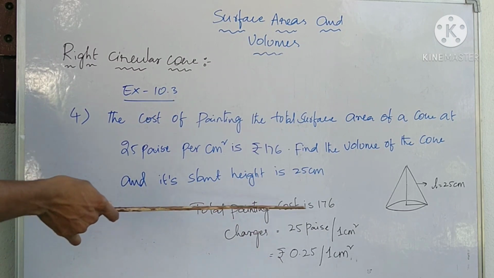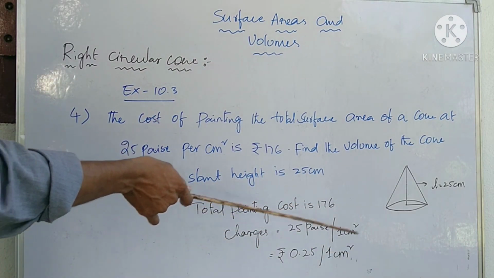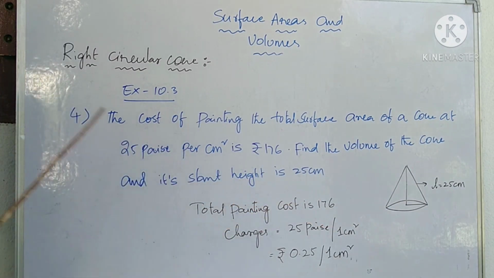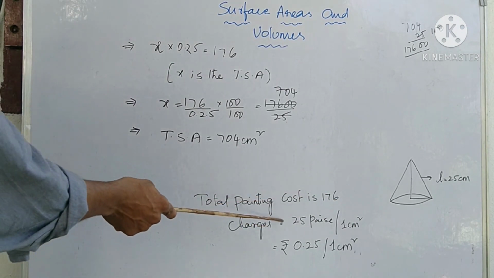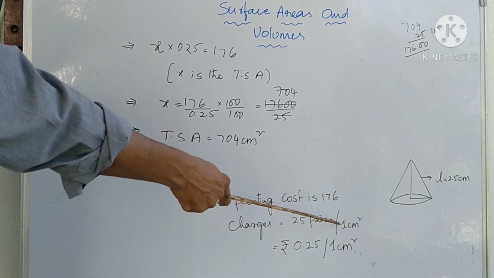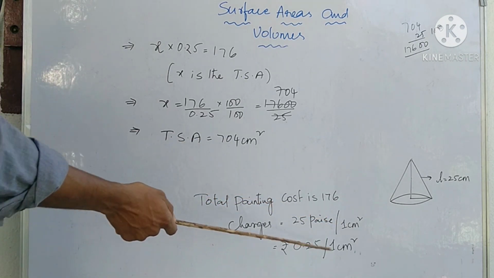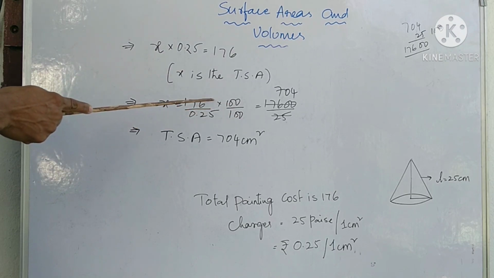Here the total painting cost is 176 rupees and the charges are 25 paise per centimeter square, which means 0.25 rupees per centimeter square. Here x is the total surface area.